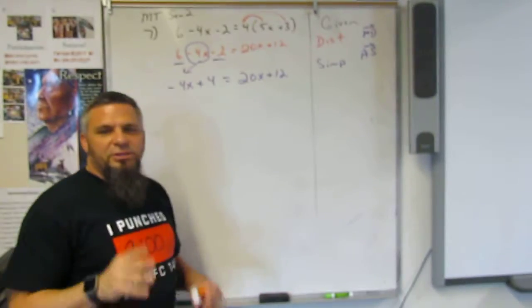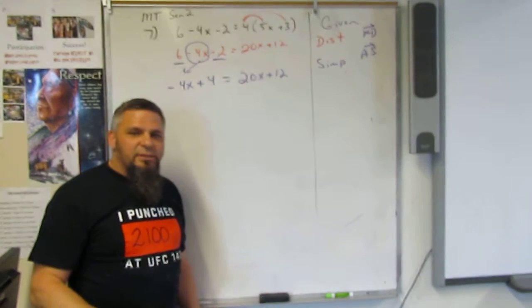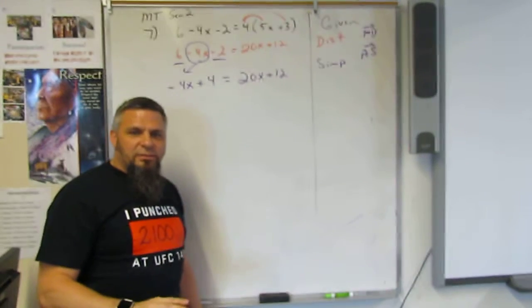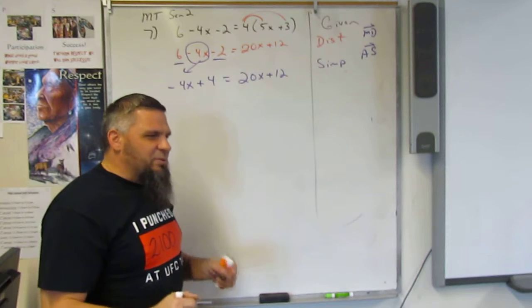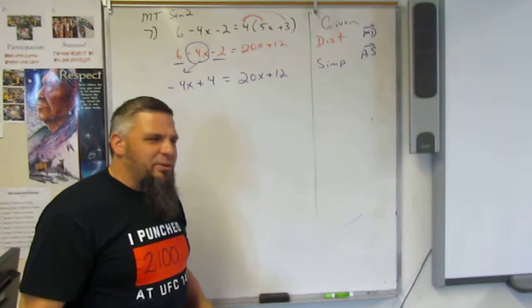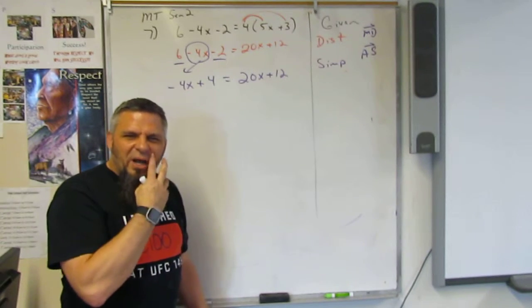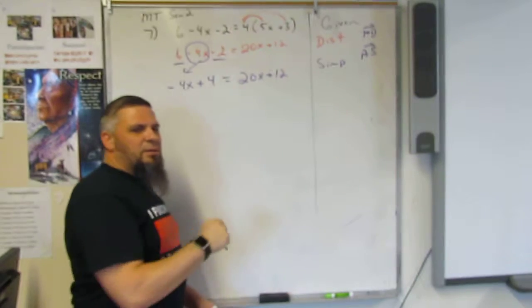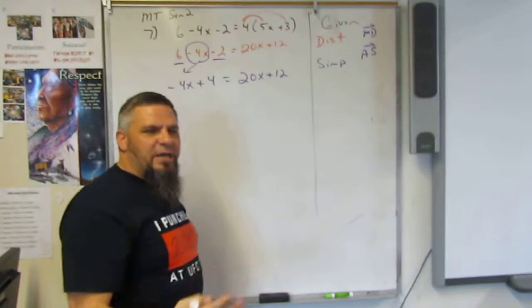Now some teachers teach move to the left. I don't teach that. I don't believe in that. Because then you have to remember that weird rule about flipping the sign when you divide or multiply by a negative number. With my way, rarely do you ever have to flip the sign.